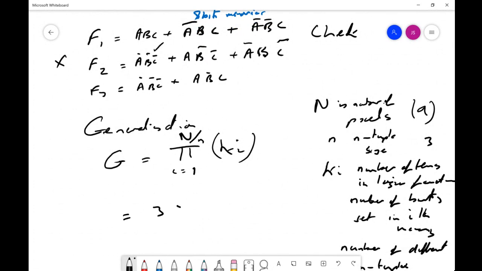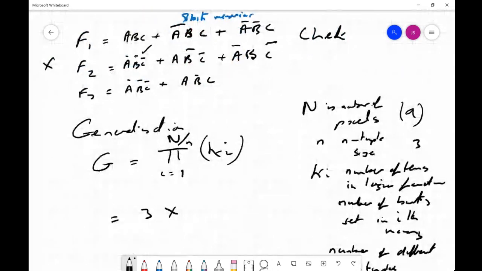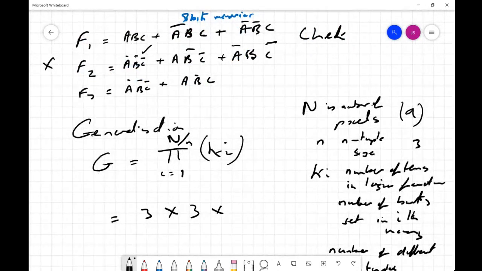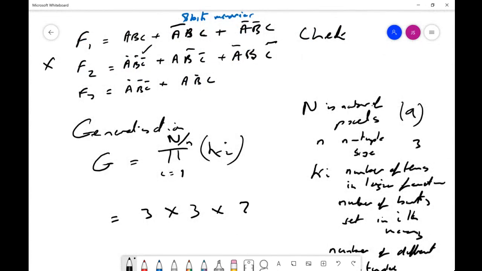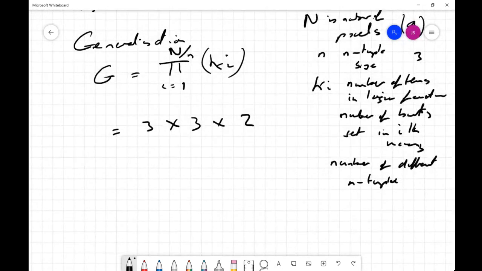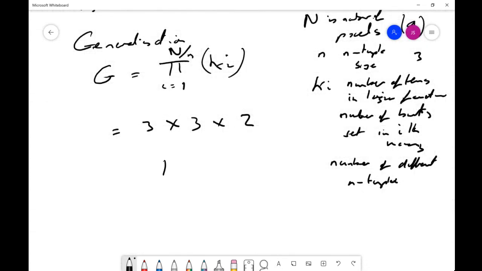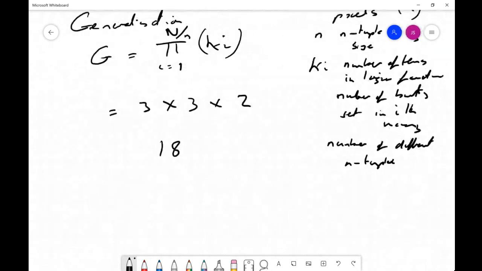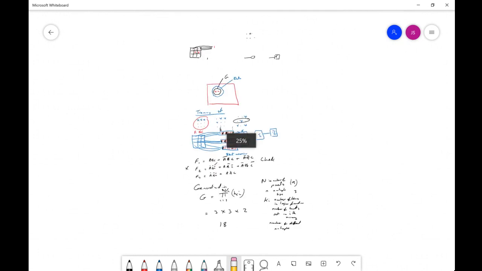It's a product series times the number of bits set in the second, I think, is 3, and times the number of bits set in the third is 2, which means the generalization set is 3 times 3 times 2, which is 18. That's correct.